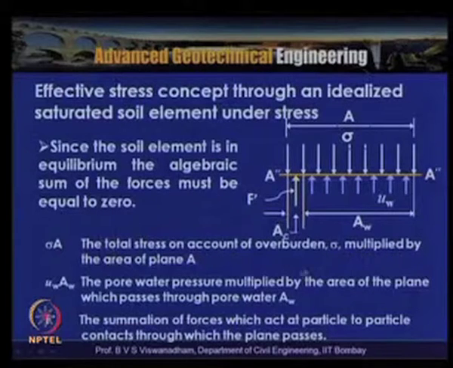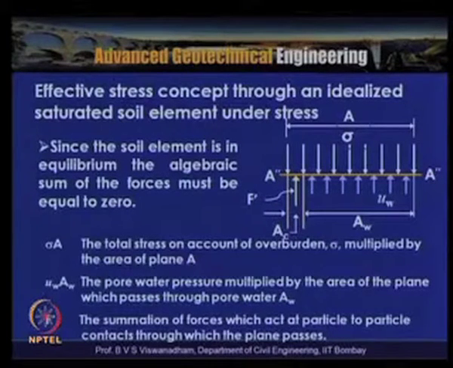So, sigma multiplied by the area of the plane A is nothing but the force which is acting because of the weight of the soil above that plane A dash, and A dash is the imaginary line which is the representation of the wavy line connecting the particle to particle contact points.